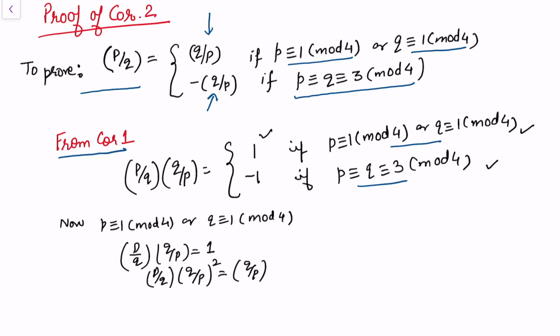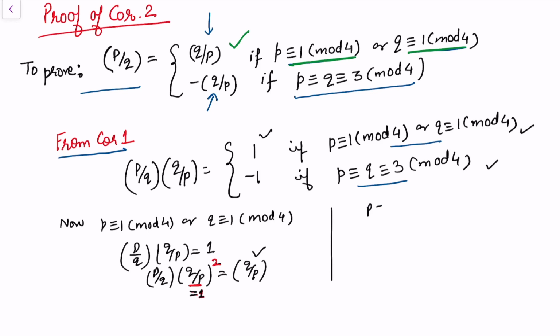And we notice that this value is 1 because it is a square. If this value q by p was initially minus 1, and then we are again multiplying with the same Legendre symbol, it will always give me plus 1. So p by q is equal to q by p. That will hold the first condition. Whenever p is congruent to 1 modulo 4 or q is congruent to 1 modulo 4, p by q is the same as q by p. Look at the other case now.